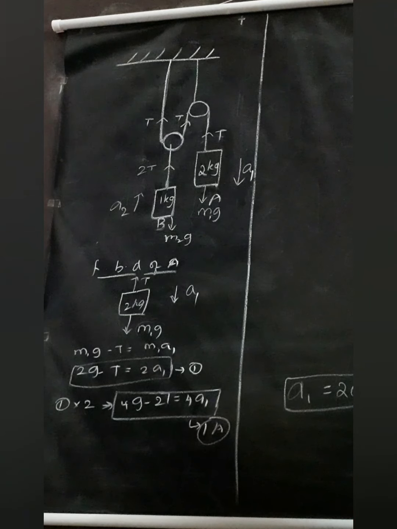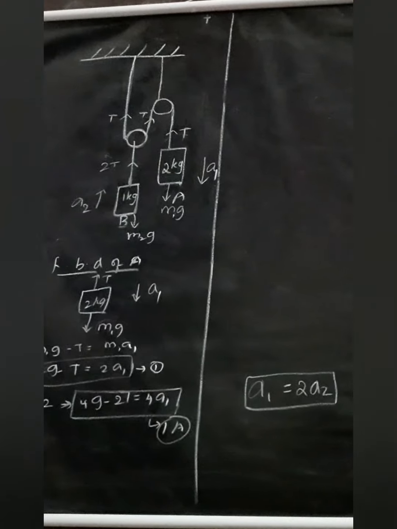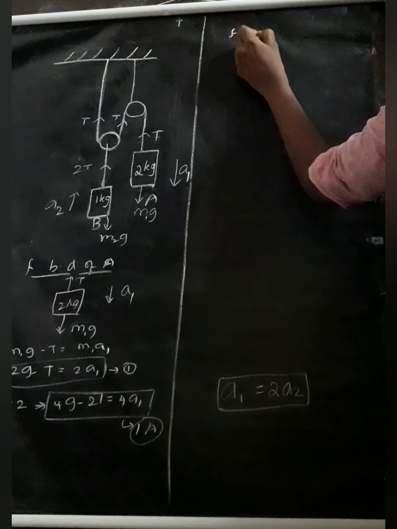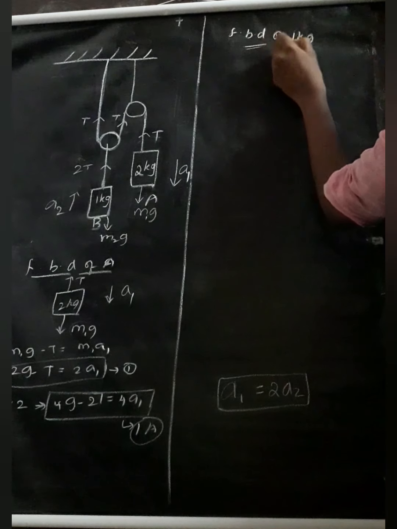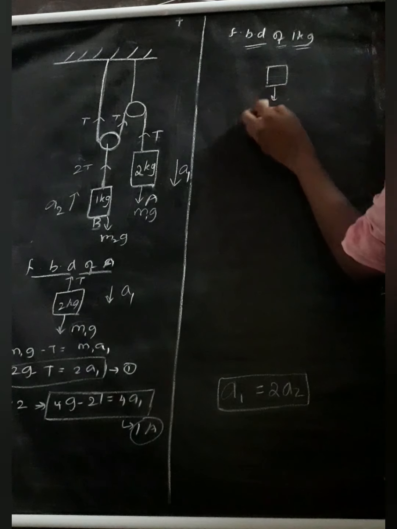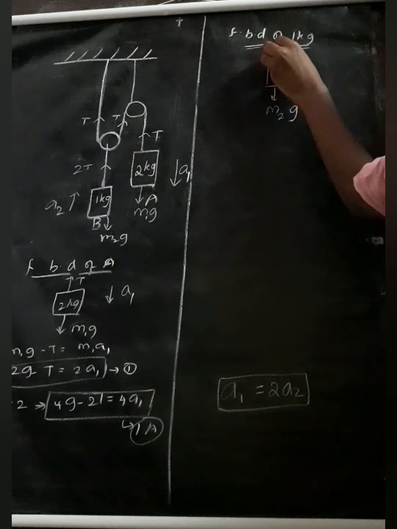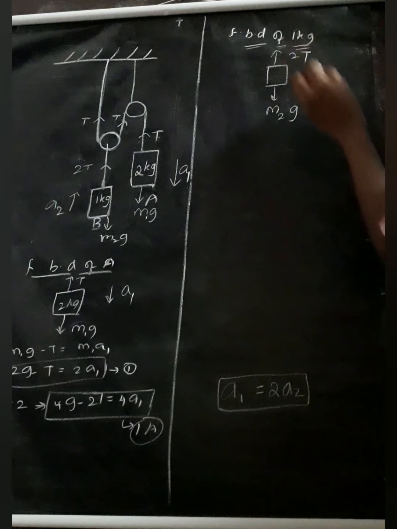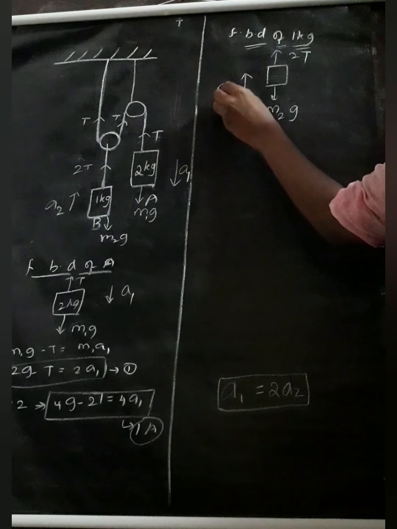And next we are going to draw the free body diagram of the 1 kg mass. The weight of this block, m2g, acts in the downward direction. The tension 2T will be acting in the upward direction. The resultant acceleration A2 is going to act in the upward direction.